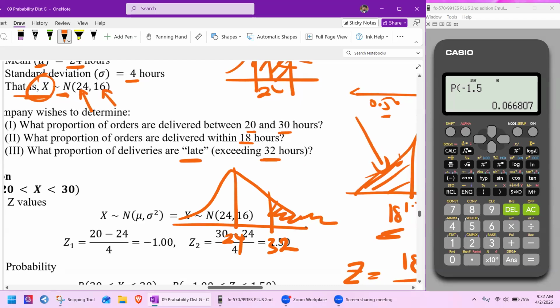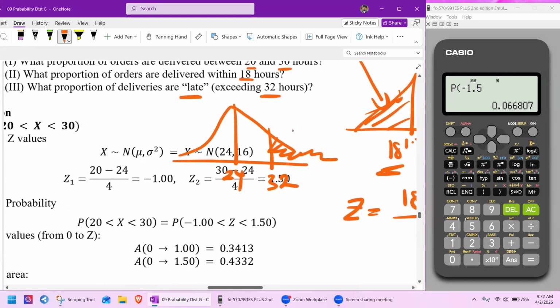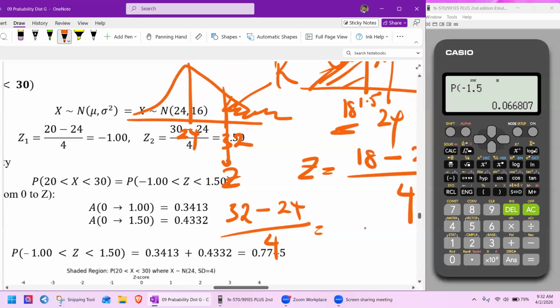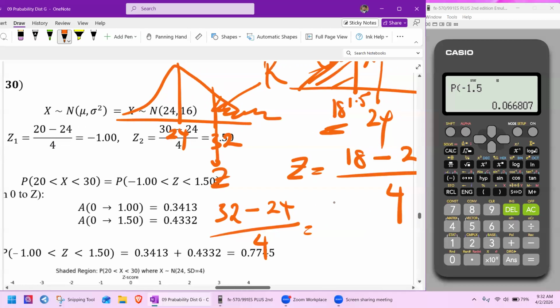So we have to find this area, and this represents R. Before that, we have to find the Z value, where X is 32, the mean 24, and the standard deviation 4. So 8 divided by 4 equals 2.